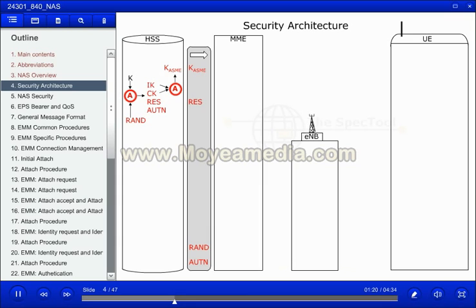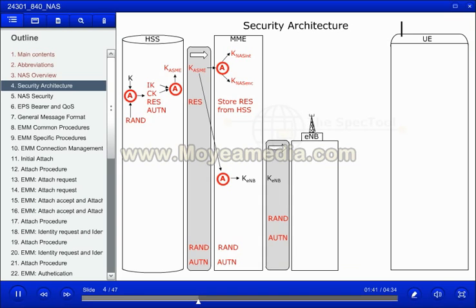The MME will put the K-ASME into an algorithm to calculate the key for NAS integrity protection and the key for NAS ciphering. The MME will also store the RES value. The K-ASME, the RAND, and the AUTN will be passed on to the eNode B.